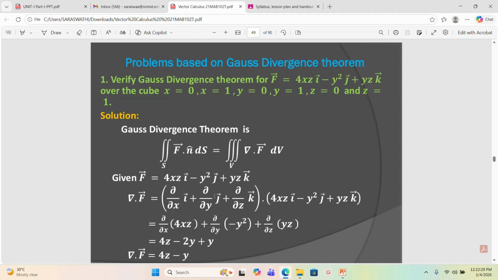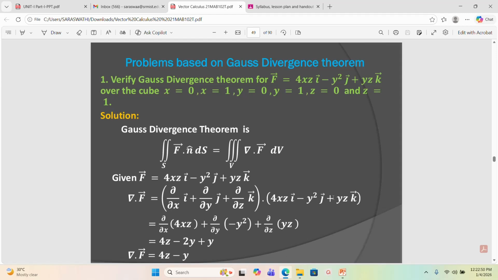Now we have to take the dot product between these two. So i dot i is equal to 1, so dou by dou x of 4xz, plus j dot j is equal to 1, so dou by dou y of minus y square, plus dou by dou z of yz, and k dot k is equal to 1.